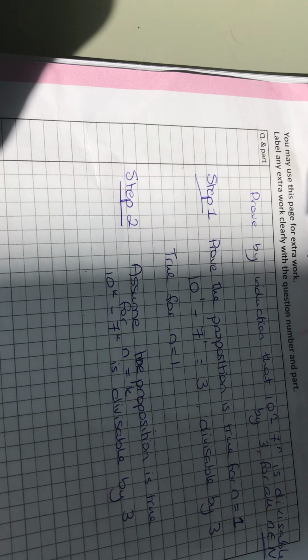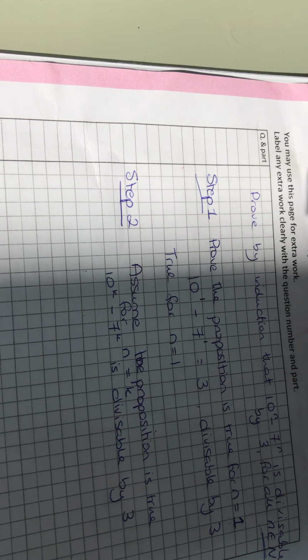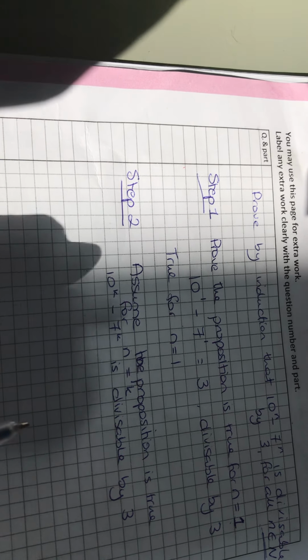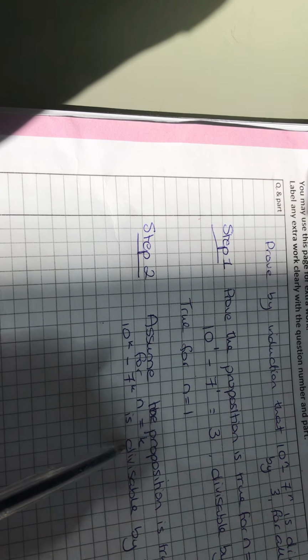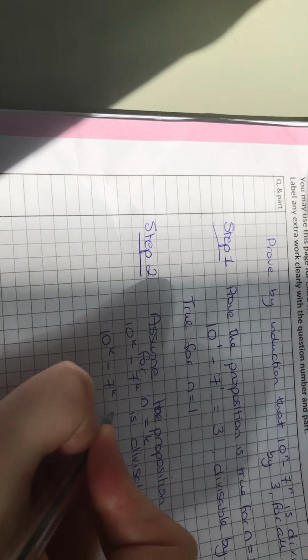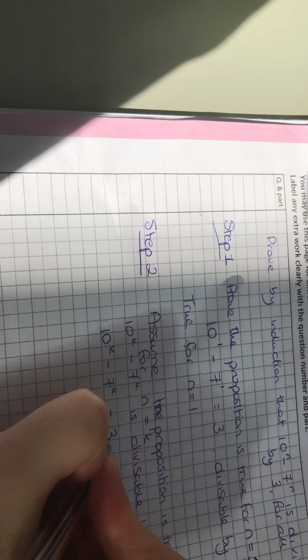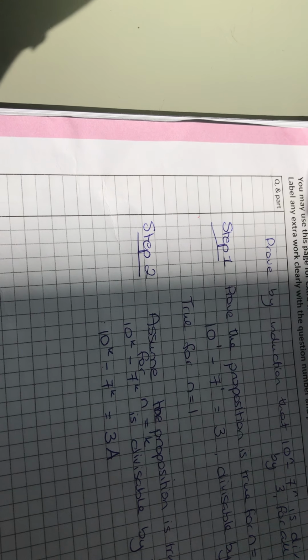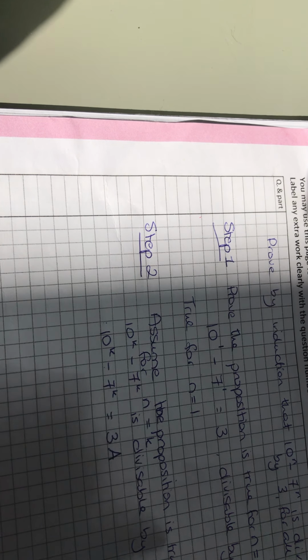You could say that 3 is a factor. And you could say, because I need to get this to be a bit more mathsy, if you notice, I have a lot of English there, words. So 10 to the power of k minus 7 to the power of k is equal to 3 times something. So I hope that's another way of saying it.